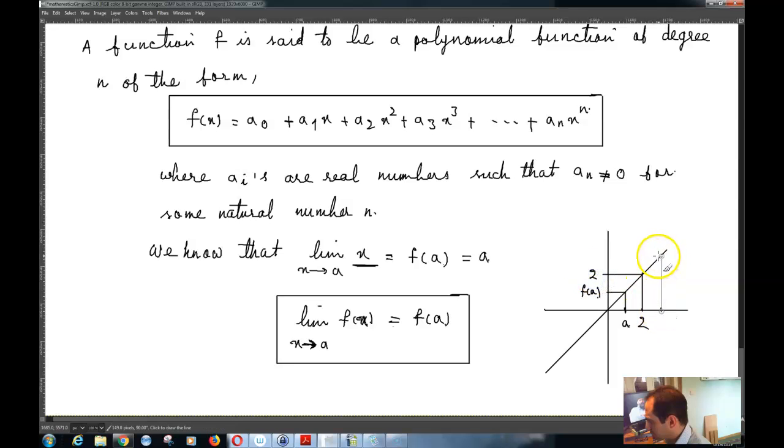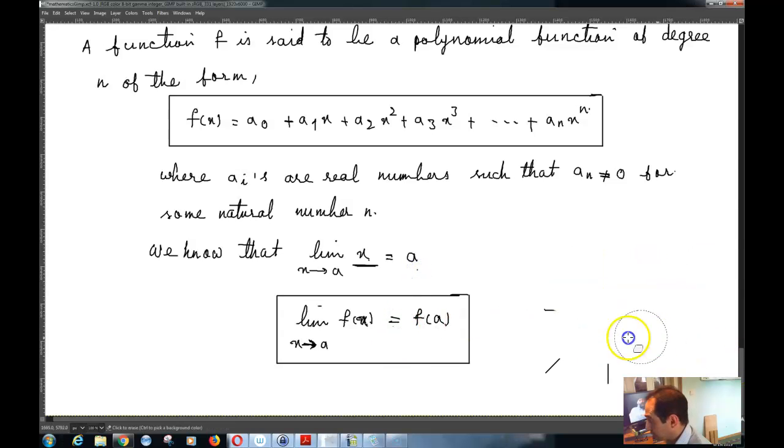If this point is 4, this point is going to be 4. 2 comma 2, 4 comma 4, and so on and so forth. That means that in this particular function, a is always equal to f of a. So then I can say that the limit of x as x tends to a is equal to a. Okay, so that is basically this part.